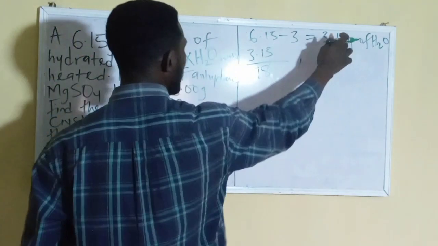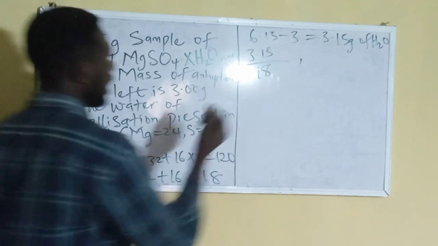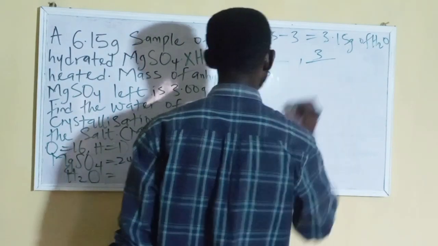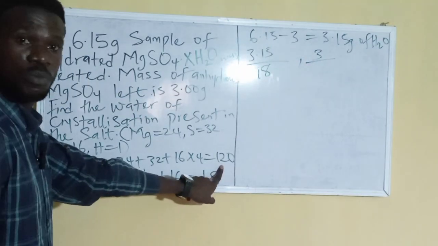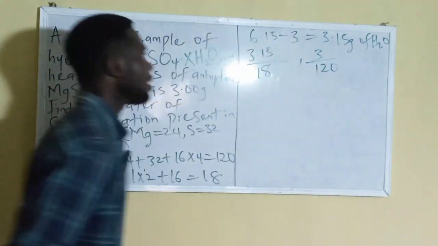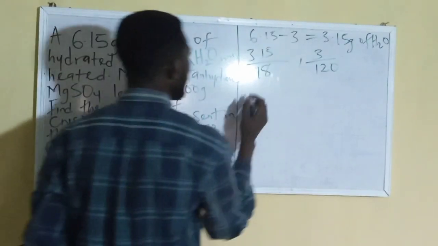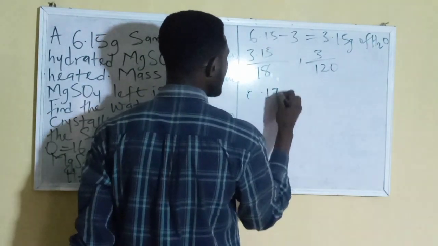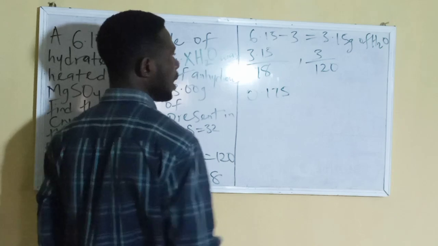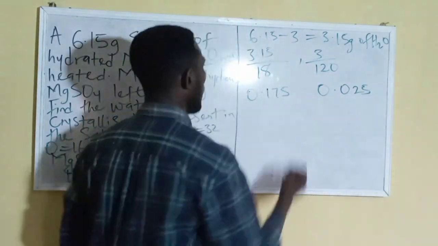And for the salt, you have 3 divided by 120, which is the molar mass of MgSO4. Now when this calculation is done, you have 0.175 for water, and for the salt you have 0.025 mole.